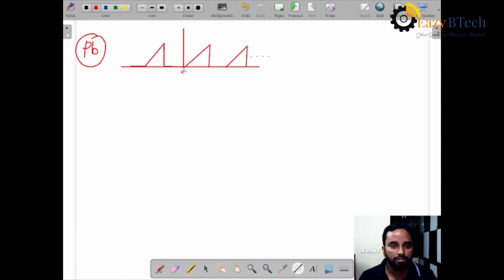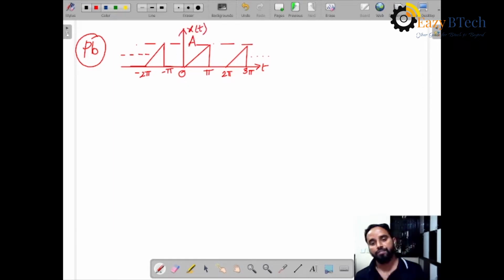So here this is 0, here pi, this is 2 pi, 3 pi, minus pi, minus 2 pi, and the amplitude of this signal is A. The given signal is denoted as x of t.